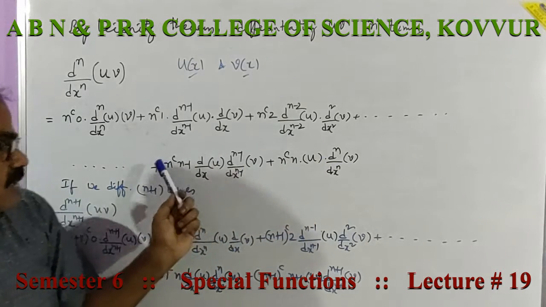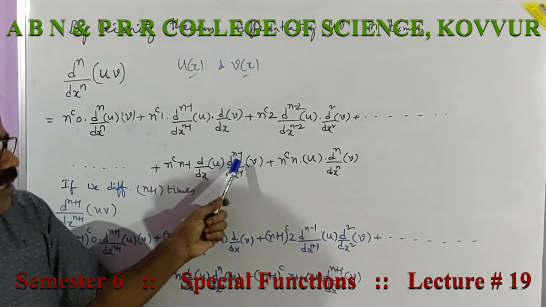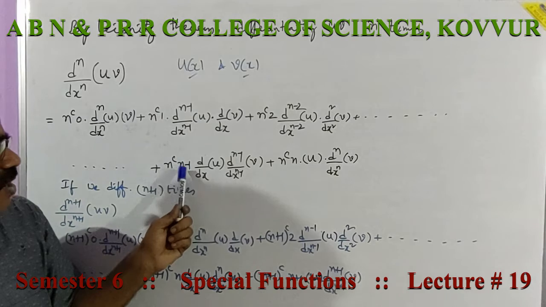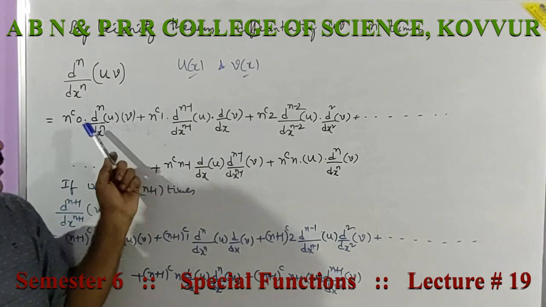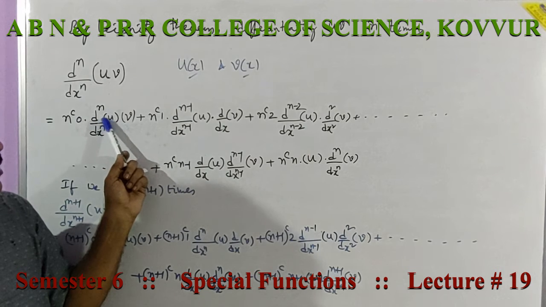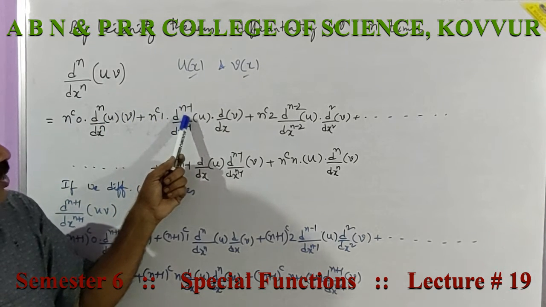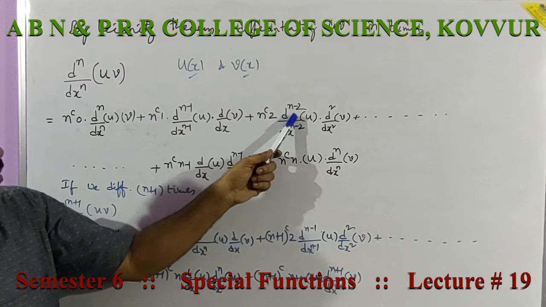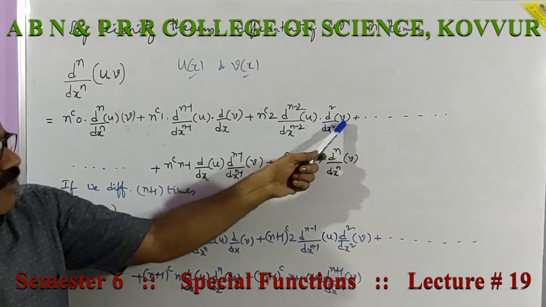Before that nCn minus 1, first derivative of u, n minus 1th derivative of v. So nth derivative of first function, no derivative of second; n minus 1th derivative of first, first derivative of v; n minus 2th derivative of u, second derivative of v.